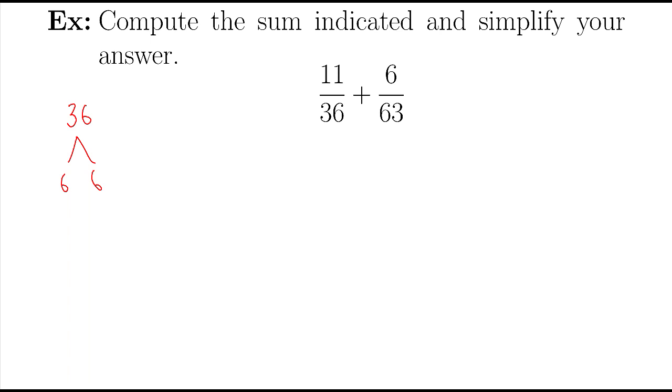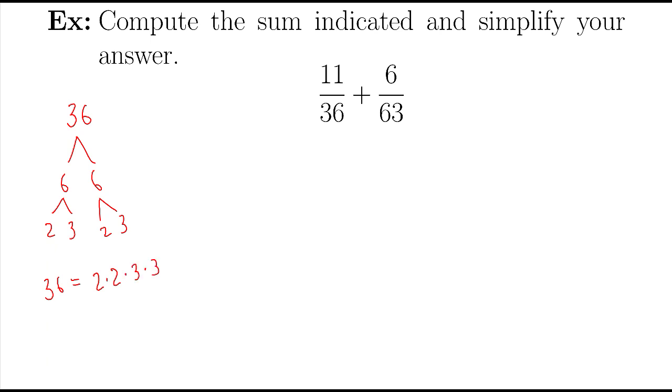Each 6 can be broken down into 2 times 3 and 2 times 3. So 2 times 3 times 2 times 3. If you multiply all those together, it equals 36. So 36 is 2 times 2 times 3 times 3.